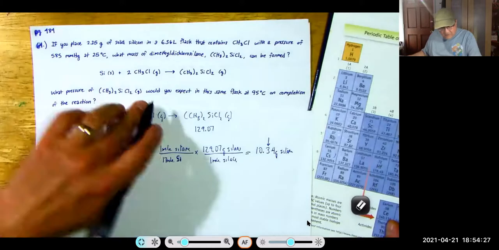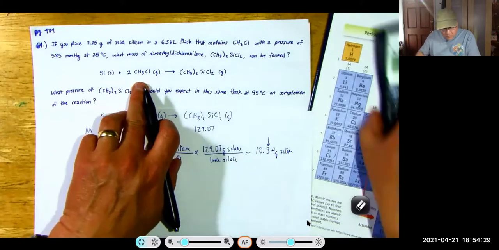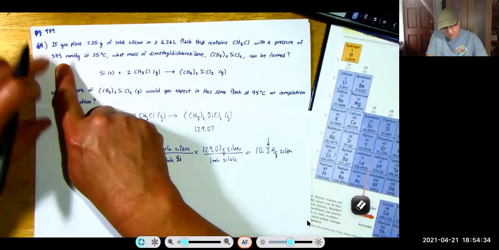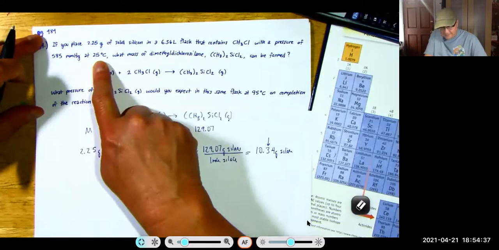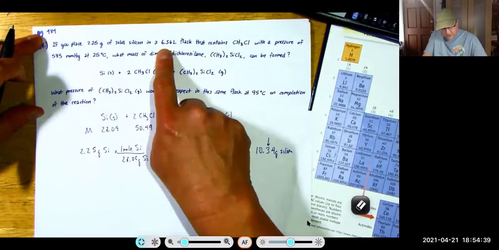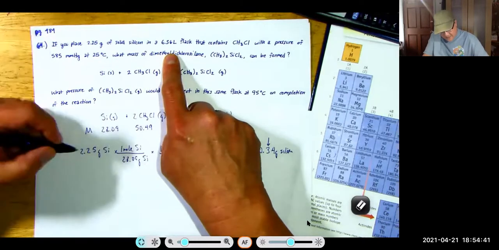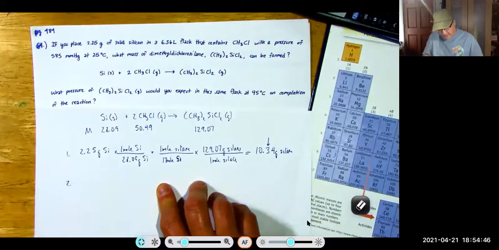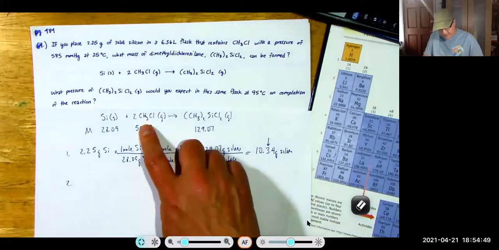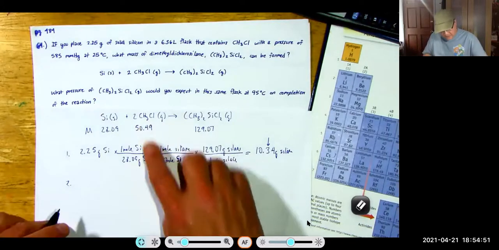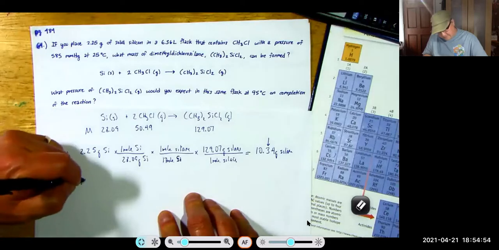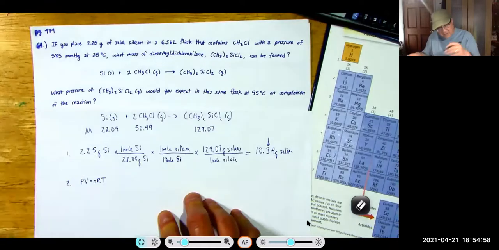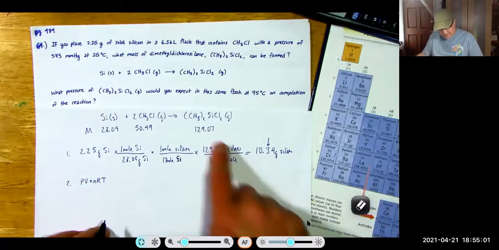Now, for the chloromethane, they give us the pressure, the temperature, and they give us the volume. So what we're going to do here is calculate first the moles of CH3Cl, and then convert that into moles of silane and then convert that into grams.